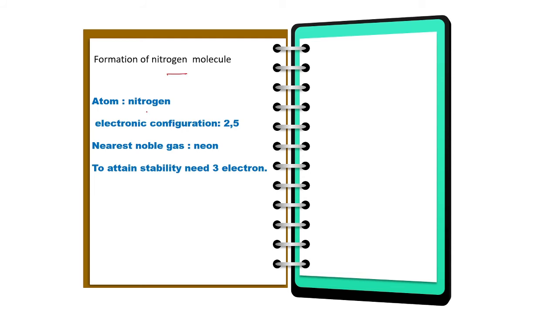Here the combining atom is nitrogen, whose electronic configuration is 2, 5. The nearest noble gas is neon, and it needs 3 electrons to fulfill its octet.